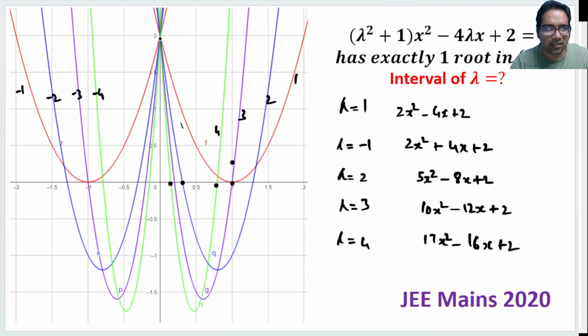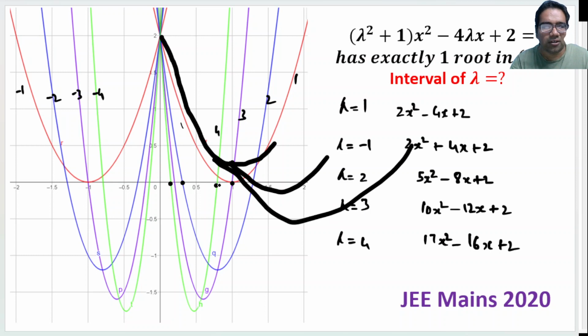It is not possible, right? If f of 1 is something positive, then the parabola will go like this, or it can go a little down also. It can go even further down, but there is no way it will touch the x-axis somewhere before 1. That is very clear, right?